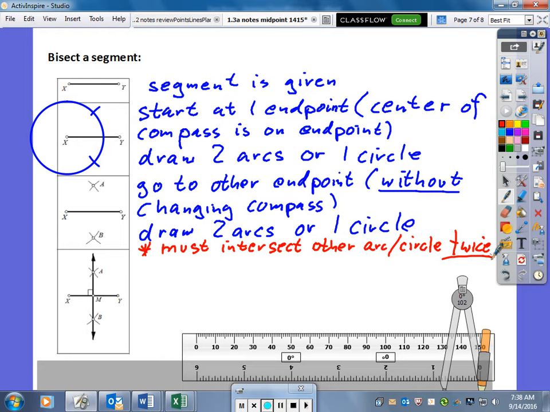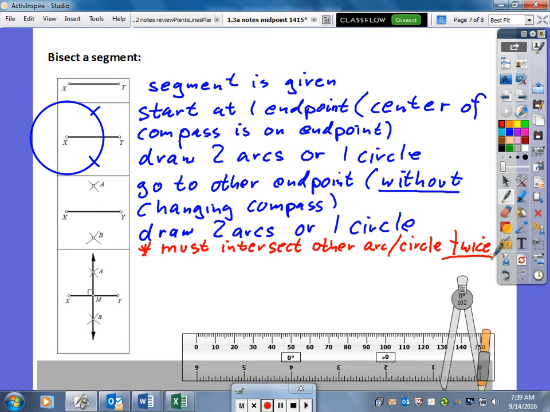A is the same distance from X and Y, and B is also the same distance from X and Y. And by connecting A and B, which is what we're going to do next, we're going to create a line, and every point on that line is also going to be equal distance from X and Y. They may get closer to X and Y and then further again as they go further down, but the distance to both sides is always the same.